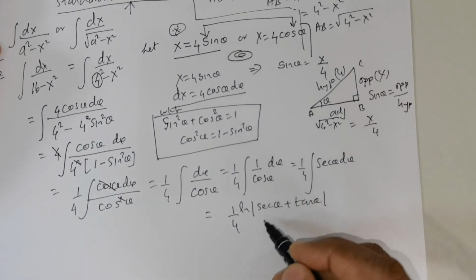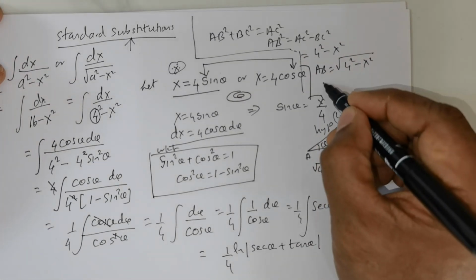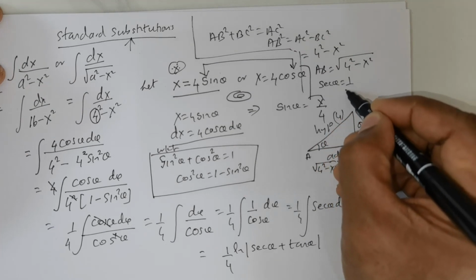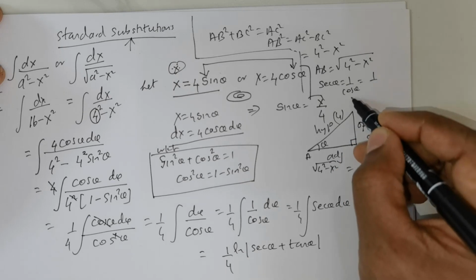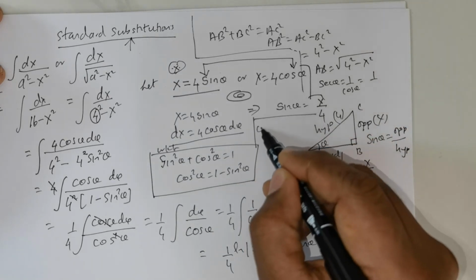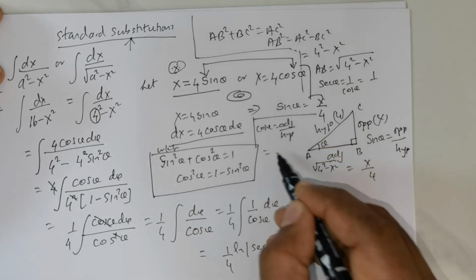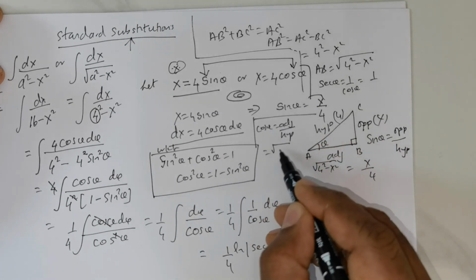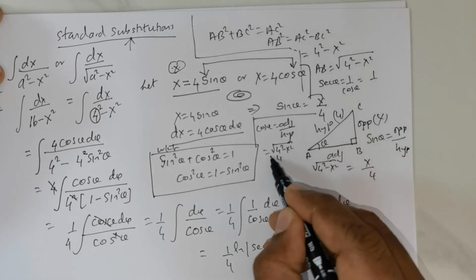Now we have to get the value of secant theta and tan theta. Now secant theta is 1 over cos theta. Now what is the ratio for cos theta? Cos theta is adjacent side divided by hypotenuse. And now what is adjacent side? Square root of 4 squared negative x squared. Hypotenuse is 4.